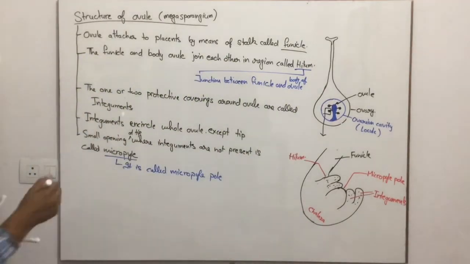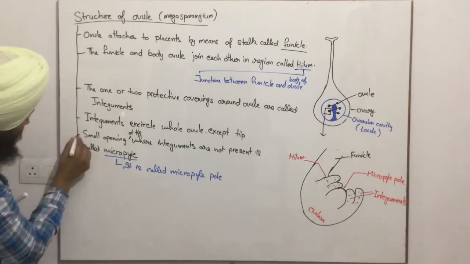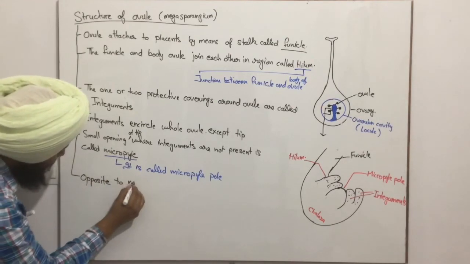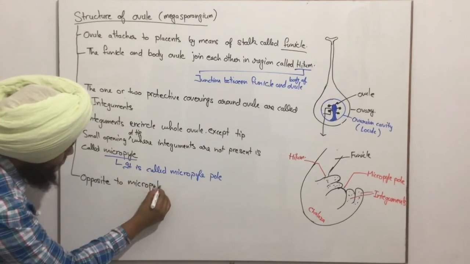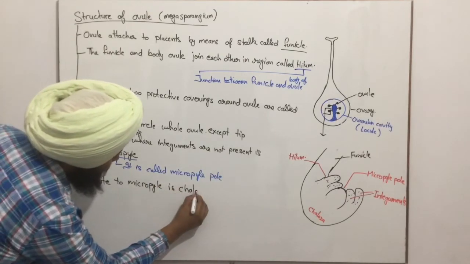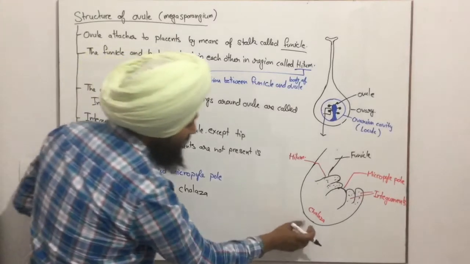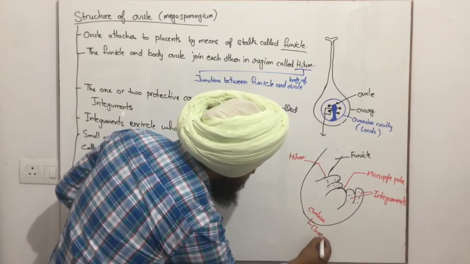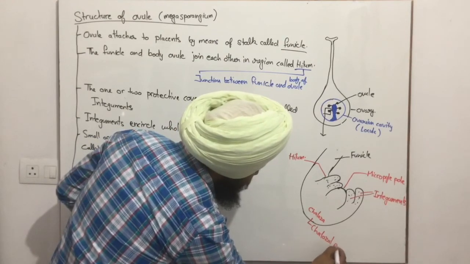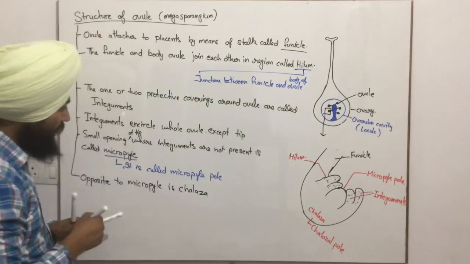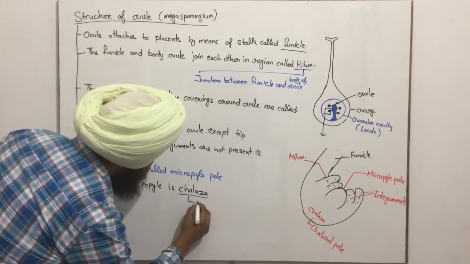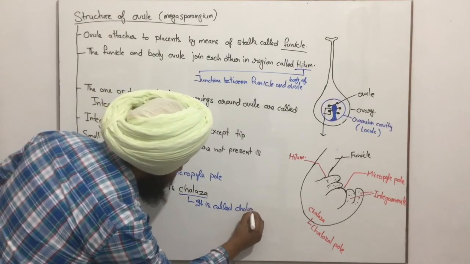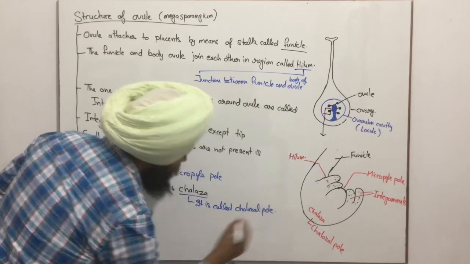So opposite to the micropyle is the chalaza, and this pole is called the chalazal pole, okay.